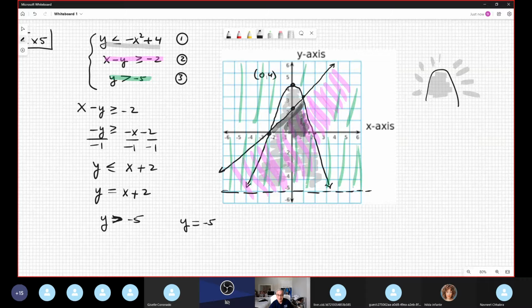So the part inside the parabola, below the first line and above the second line, is the answer where the colors overlap. Yeah, the colors overlap. Good point. She said the answer is where the colors overlap.